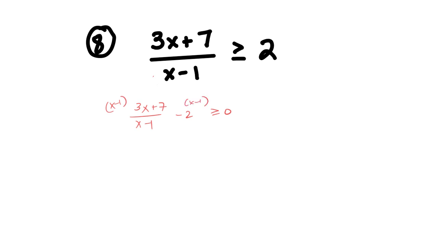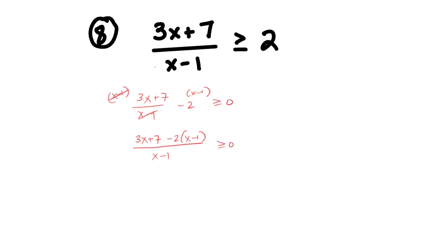Now again, I can't do it to both sides of the equation, so all I can do is simplify the left side. This will cancel, leaving me with 3x plus 7, and then it's minus 2 times x minus 1. And it'll all be over x minus 1. I can't eliminate the denominator, or the LCD, because I didn't do it to both sides of the inequality or the equation. So it's still going to be greater than or equal to 0.